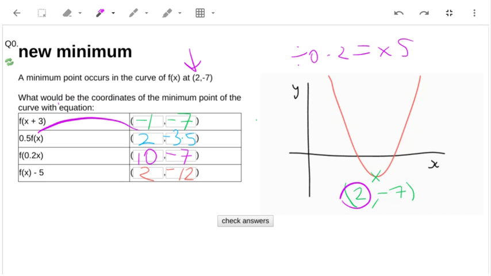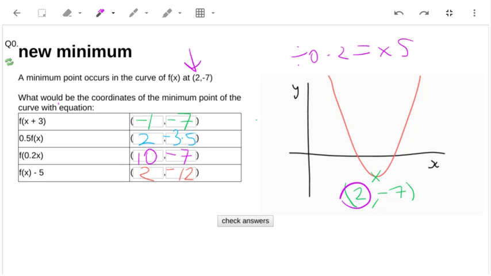Putting the x coordinate into there, that's 2. Putting the 10 into there, 0.2 times 10, 0.2x, that's also 2. And the 2 goes straight in there, and it's not changed.